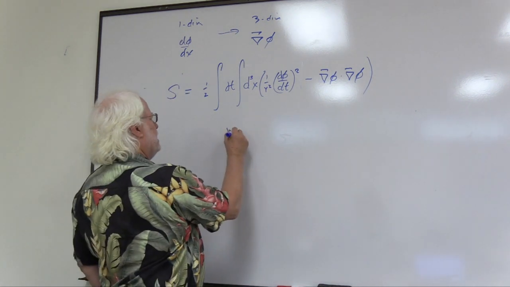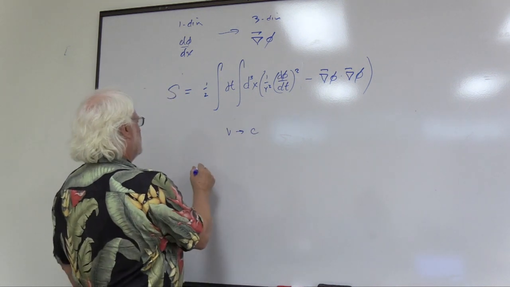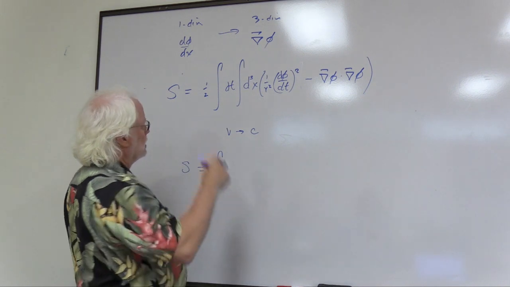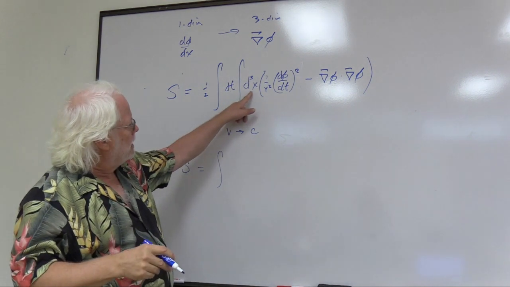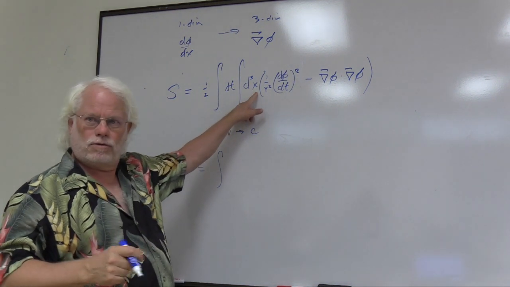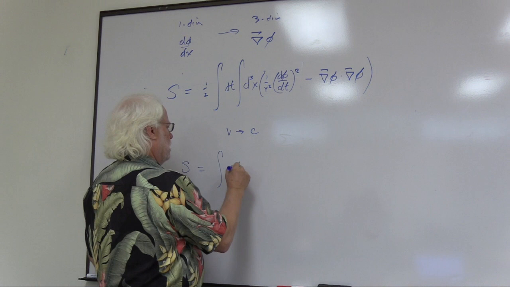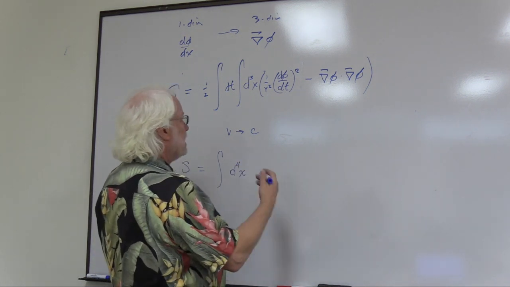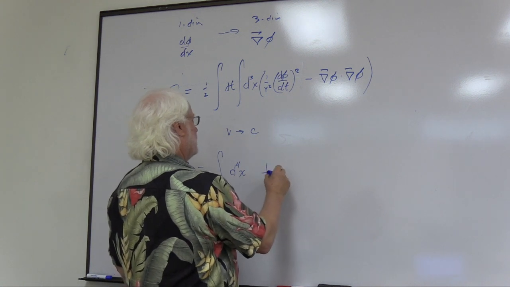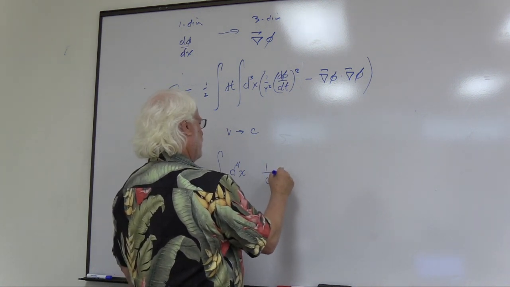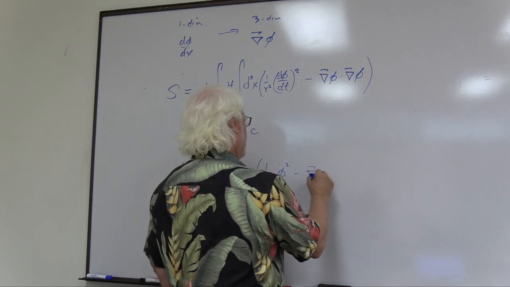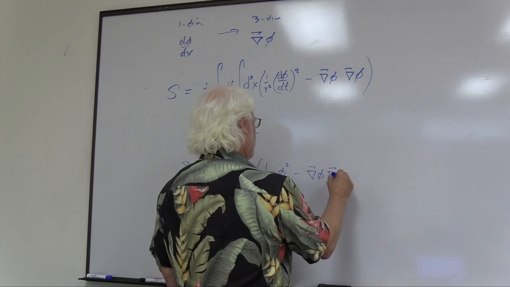In fact, if we let v go to c, this becomes something relativistic looking, because notice we've exchanged just a time integral. We've actually got an integral d4x here over all of space-time, or any region of space-time, and then we could have 1 over the speed of light, phi dot squared minus grad phi dot grad phi.